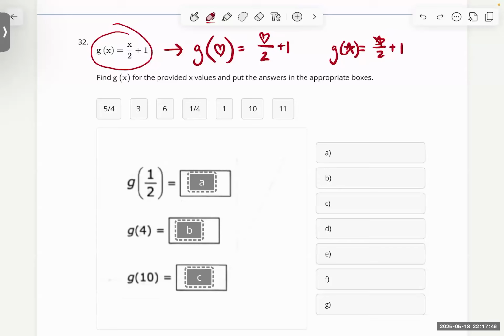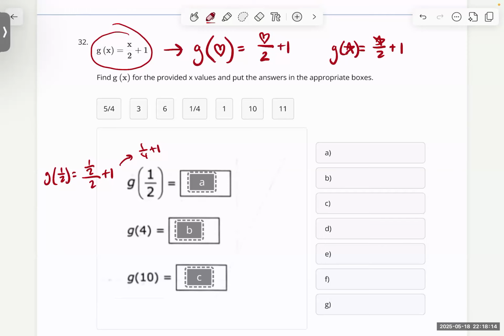So g of 1/2 is equal to, substitute it for x, 1/2 over 2 plus 1. Now do it in your calculator. 1/2 divided by 2 is, hang on, I'm trying to do this in my head. Oh, it's a fourth. So this is equal to 1/4 plus 1.